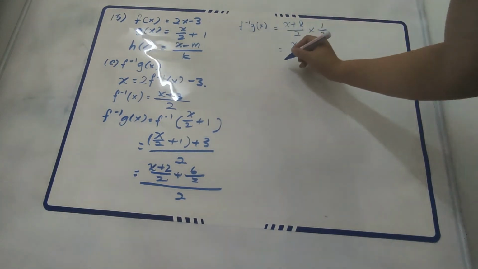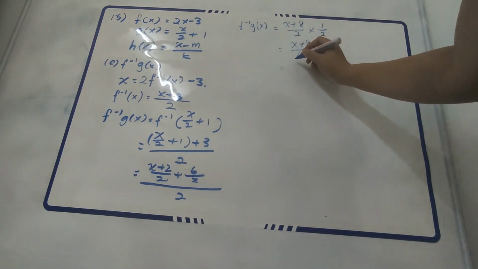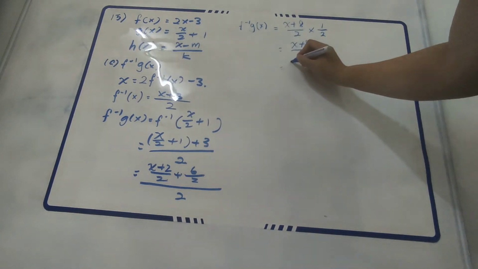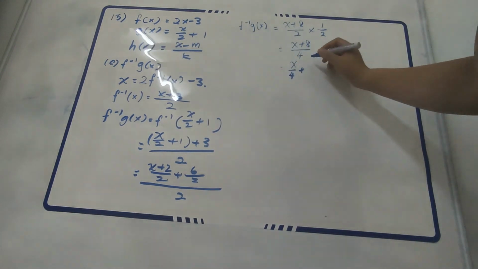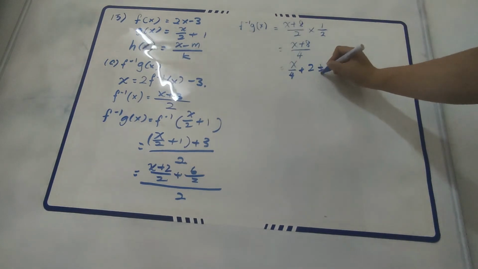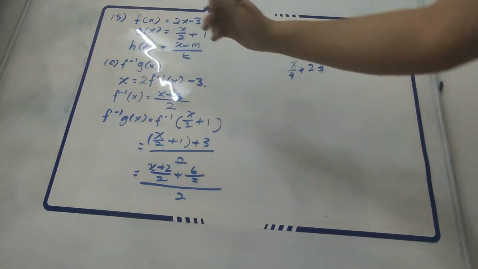Simplify it, you get x over 4 plus 2. So this is the answer for the first part, 15a.